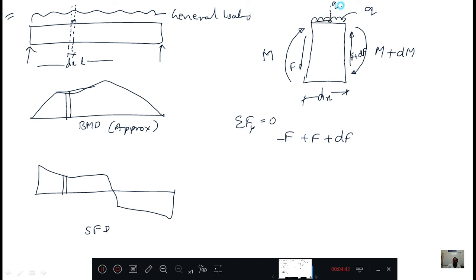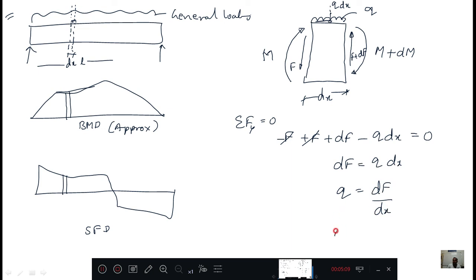This will be q dx, therefore minus q dx. Then all these forces sum to 0. Therefore F minus F cancels, and dF is equal to q dx, and q equals dF by dx.